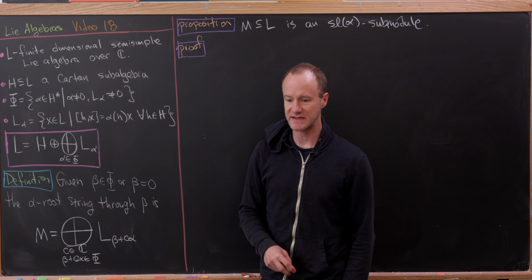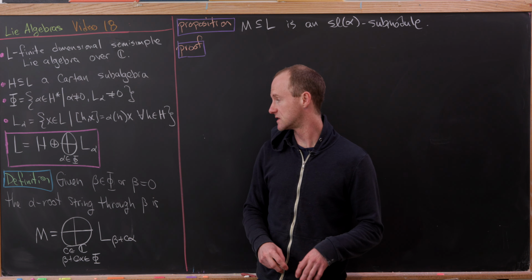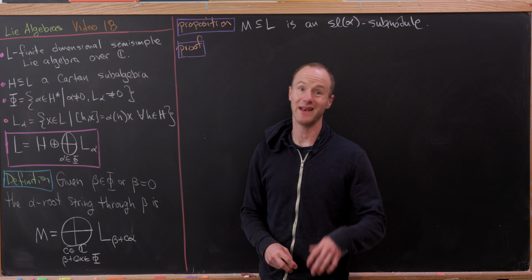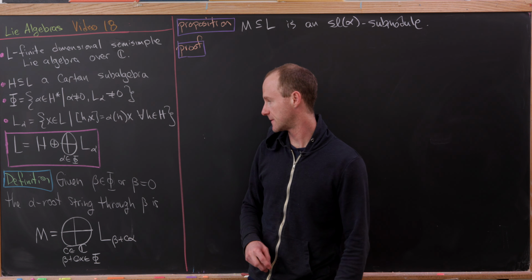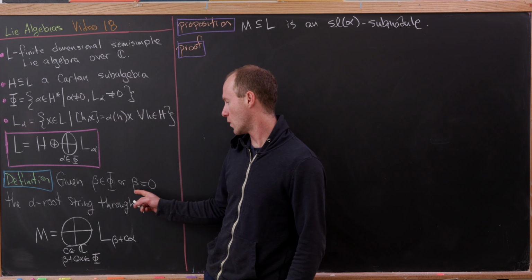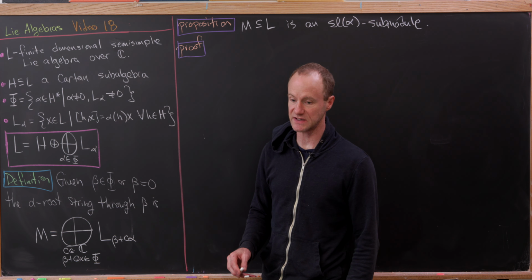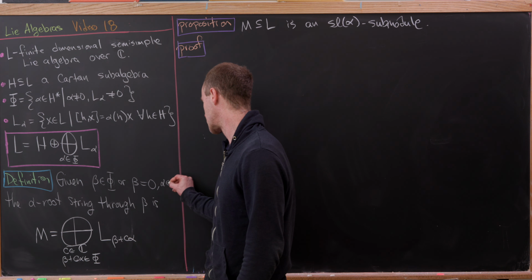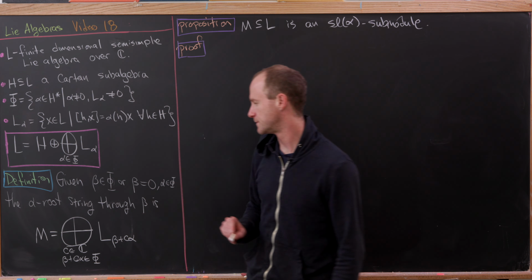Now we're going to start with a definition, and that is of a root string through beta, an alpha root string, I should say. So let's suppose that beta is either a root or beta is equal to 0. And I guess I should say here that alpha is also fixed to be a root.